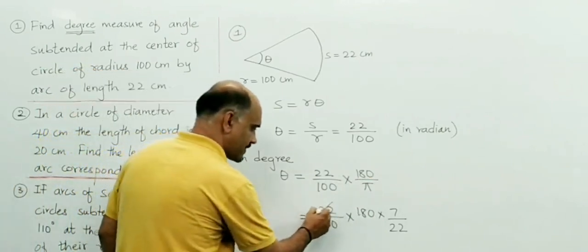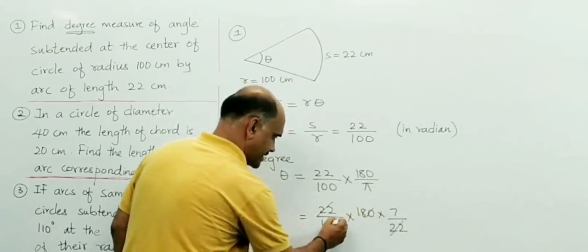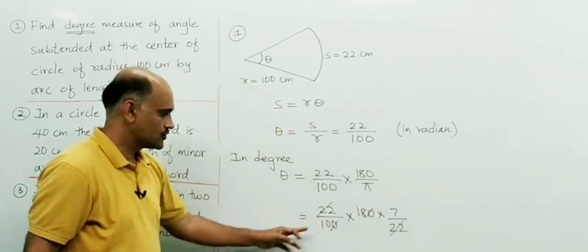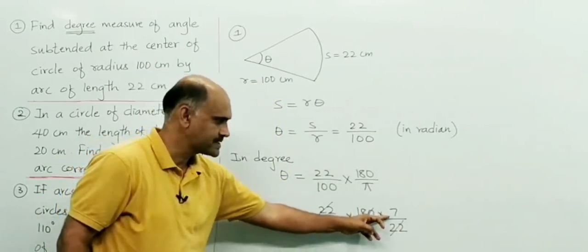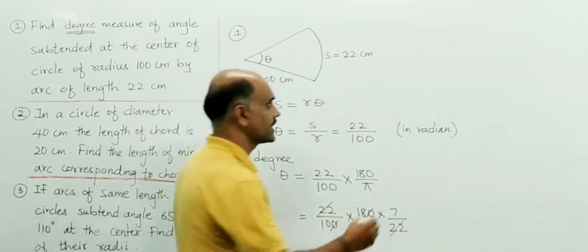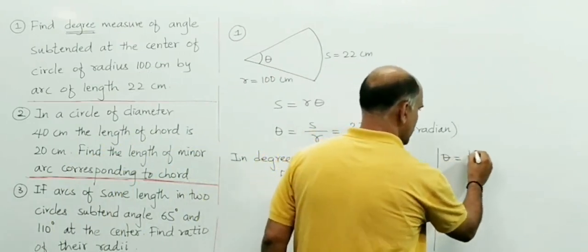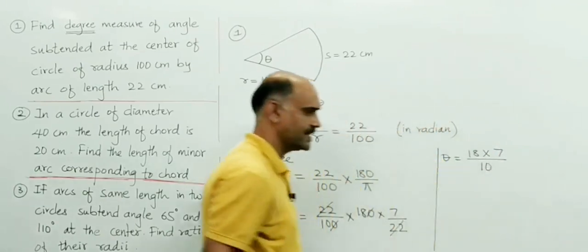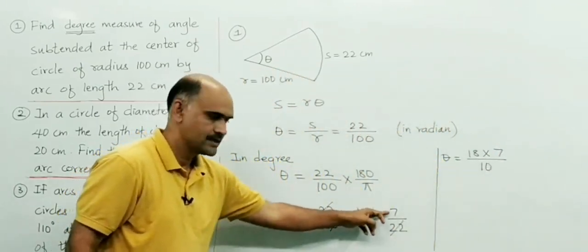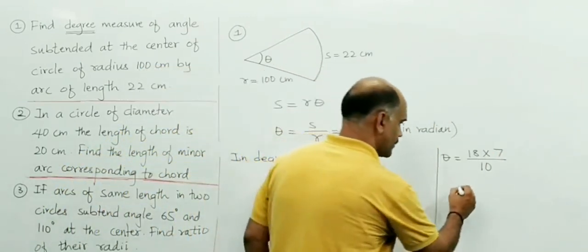This 22 gets cancelled, and the 10 stays. Simplify by 2, or 10 you keep as it is, 18 into 7 by 10. So you will have theta is equal to 18 into 7 divided by 10. Now multiply this, you will have the answer.